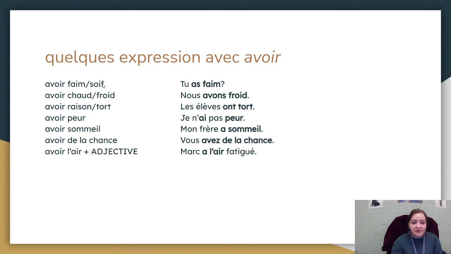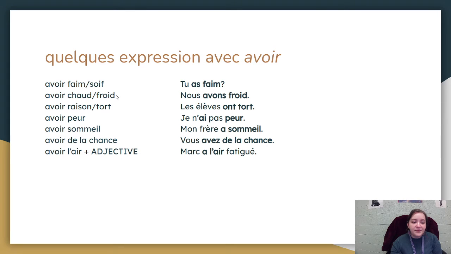And then to go with that, we've also got avoir soif. Avoir soif, which means to be thirsty. Then, I think you also know this from French 1, avoir chaud. Avoir chaud, which means to be hot. And avoir froid.